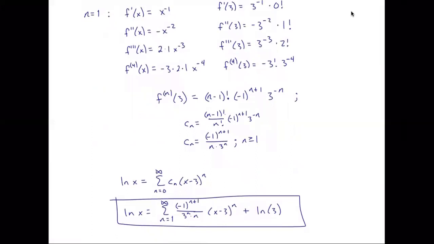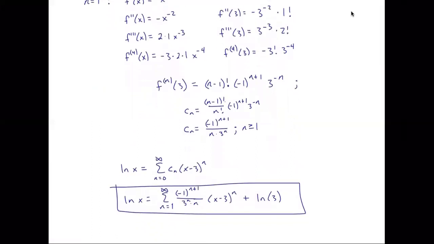So natural log of x is the sum from n equals 0 to infinity of c sub n times x minus 3 to the n. Okay, so we're ready. This is our Taylor series expression right here. We have our coefficient. We only know it for n greater than or equal to 1, or we can only write it for that. So we'll put our extra term on the outside, and we'll start not at n equals 0, but at n equals 1.